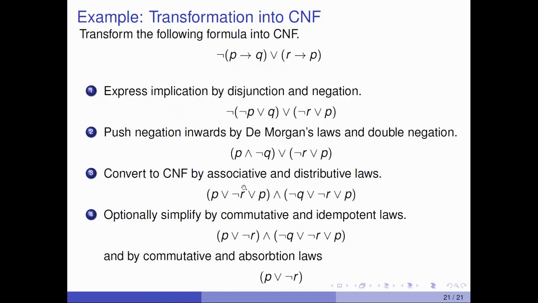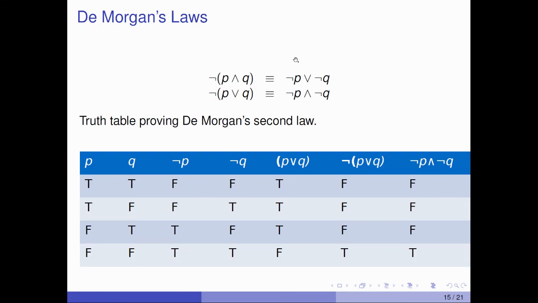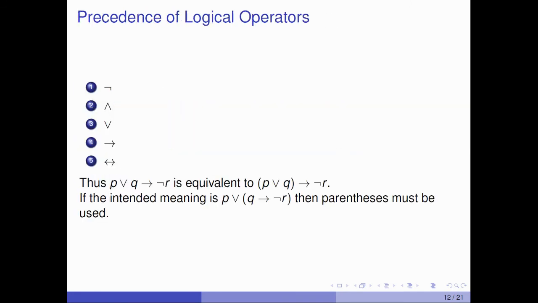For example, you are asked to transform the following formula into CNF. Since conjunctive normal form is the conjunction of clauses, the implications here should be changed into either conjunction or disjunction. That is why a while ago I said it is important for you to remember this one. Let's go back to this one.